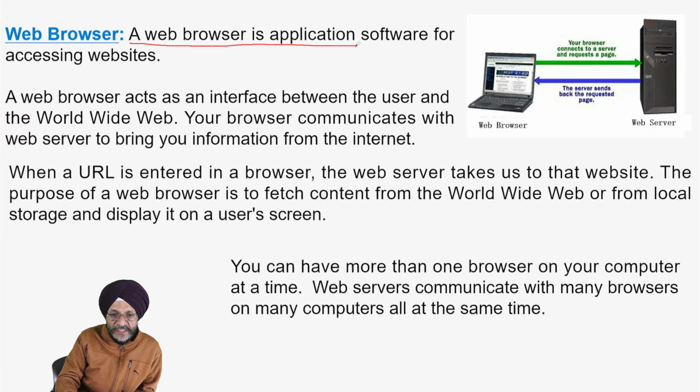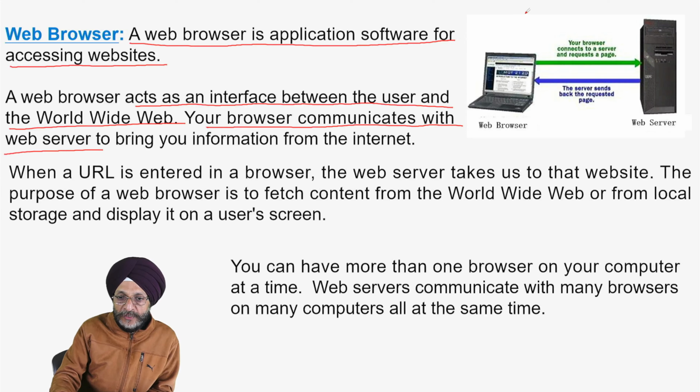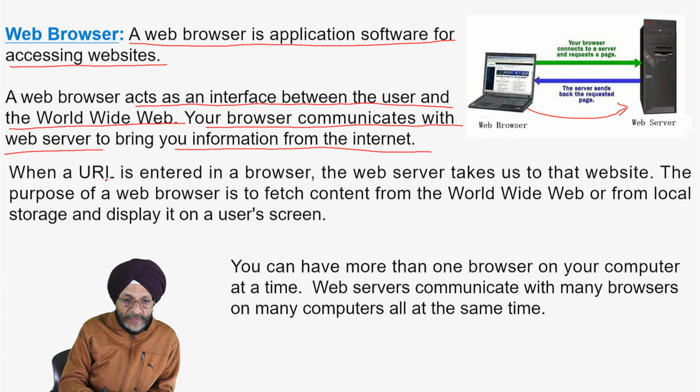A web browser is an application software for accessing websites. A web browser acts as an interface between the user and the World Wide Web. Your browser communicates with the web server. You can see here that the web browser is communicating with the web server to bring you information from the internet.